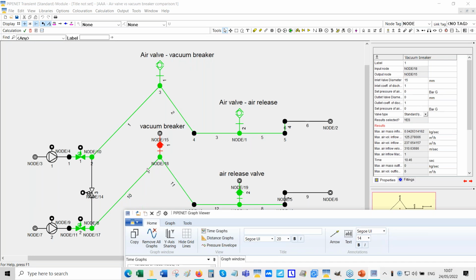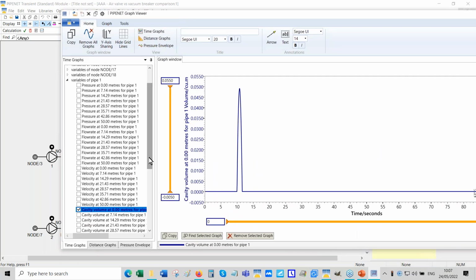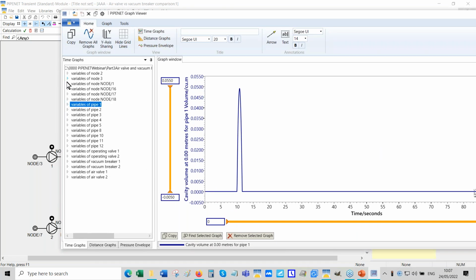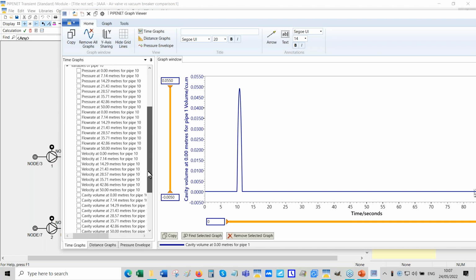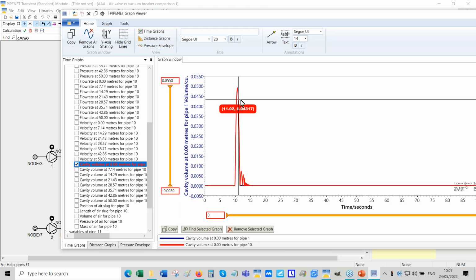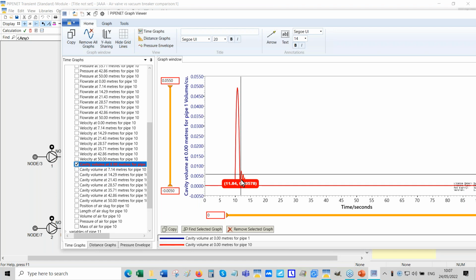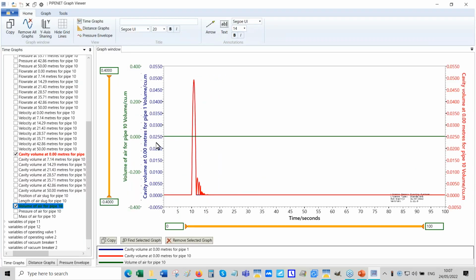This is dry pipe 1, and that's dry pipe 2 because of the connection of the air valve. It's the same, but there are some oscillations. But let's look at the volume of air.